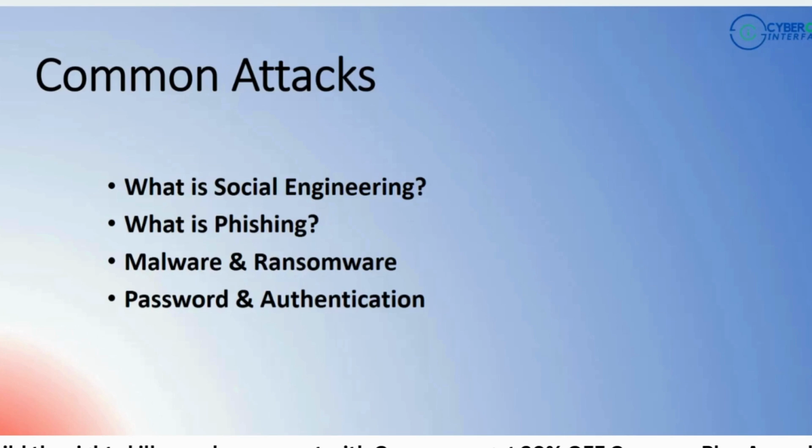Then we have malware, and ransomware too is everywhere now. Password and authentication. Of course, everybody has a password. Everybody makes use of passwords, and that's why it's everywhere too. Because every device you use can take a password, and because a password is supposed to protect your confidentiality, people want to break into it.